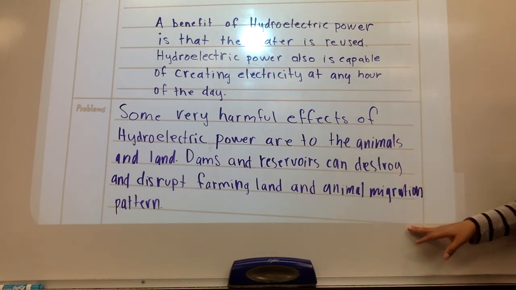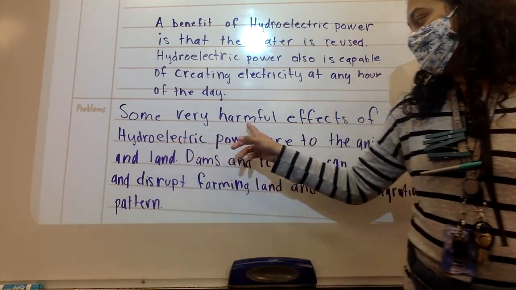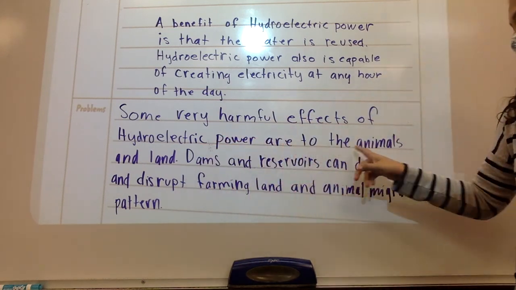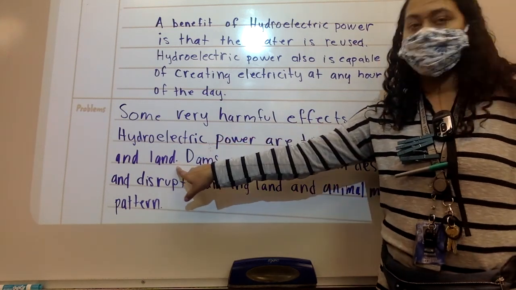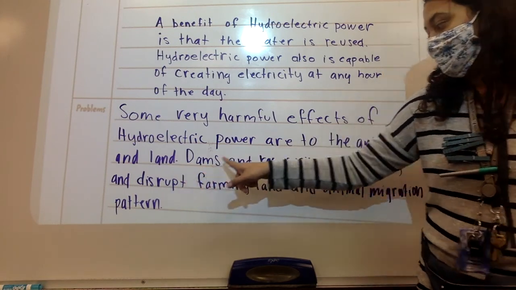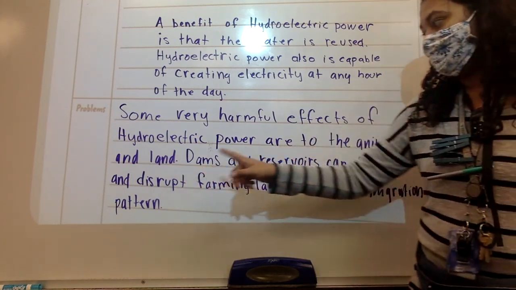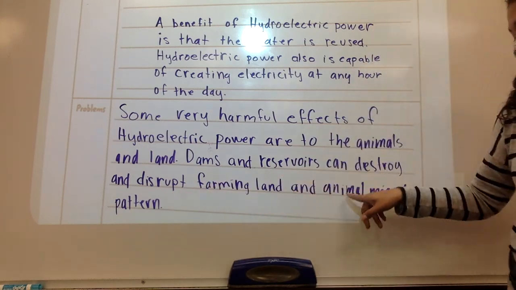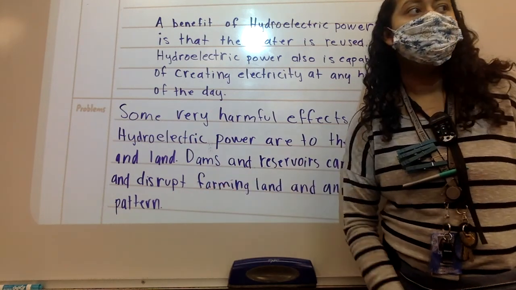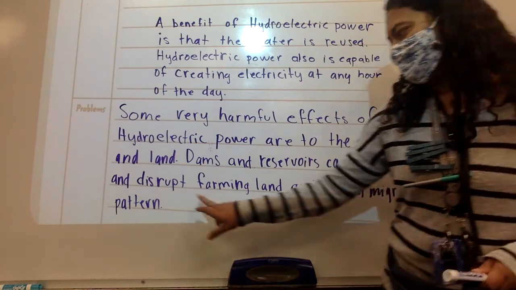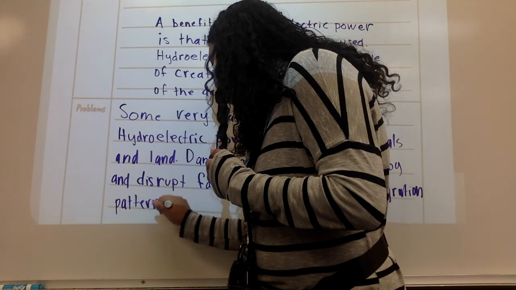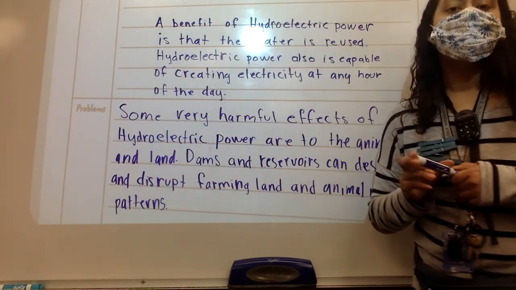And then for problems, we have some very harmful effects of hydroelectric power are to the animals and land, period. Dams and reservoirs can destroy and disrupt farming land and animal migration patterns. Period.